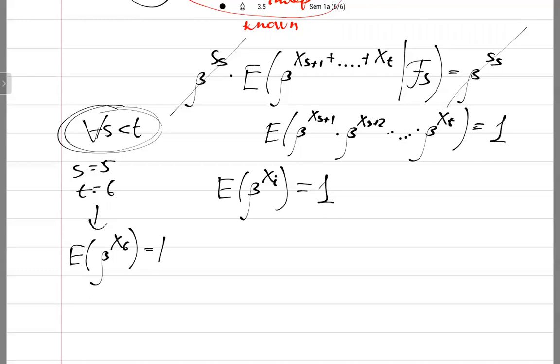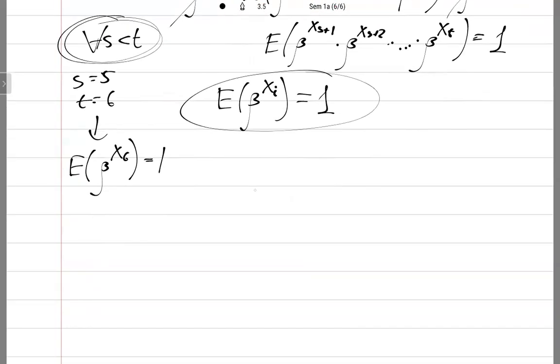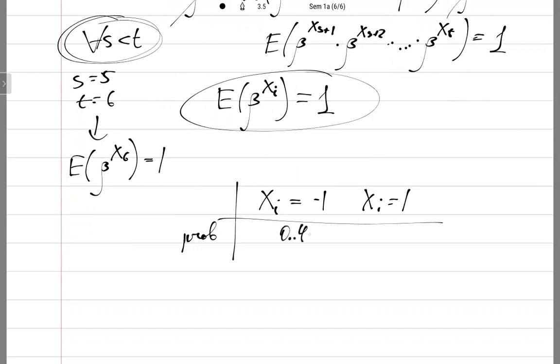So for every xi, we should have this equality. Let's check the values of xi. xi can take the value -1 or 1, with probabilities 0.4 and 0.6.